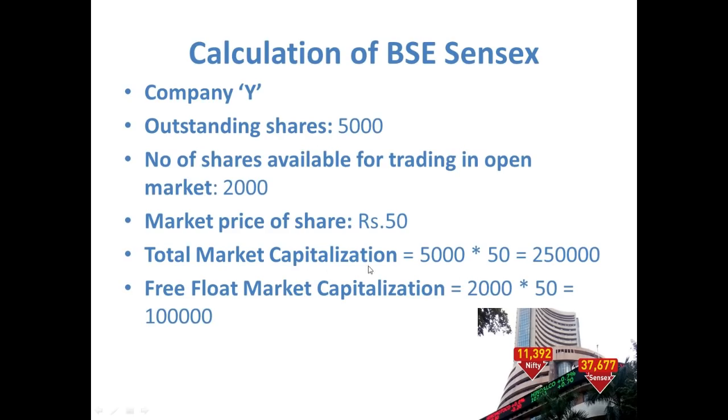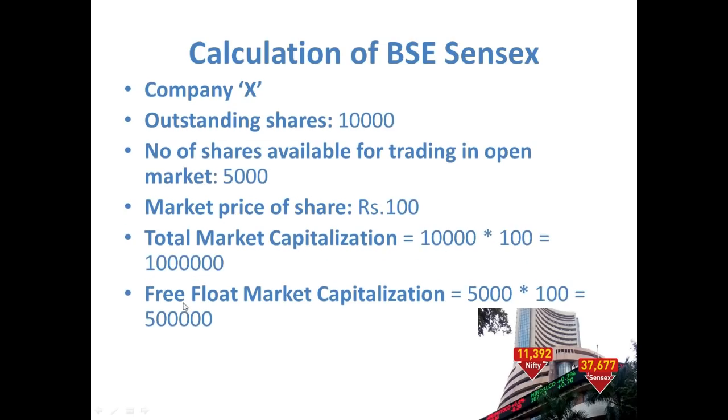As we have just seen, the total market capitalization for company Y will be 5,000 multiplied by 50, which is 2,50,000. But the free float market capitalization of the company will be the number of freely available shares on the market, 2,000, multiplied by the current market price of 50, which is 1 lakh.